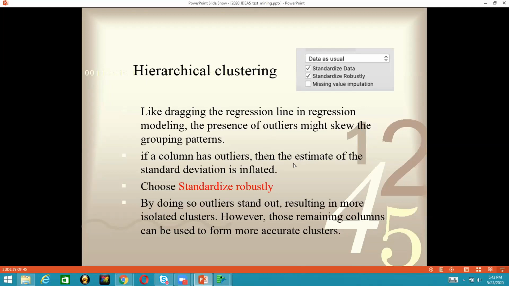When a column has an outlier, the estimate of the SD is inflated. That's why I use a robust method. By doing that, I did not erase outliers. Rather, I make them stand out. When they're outliers, they become isolated clusters, and all the remaining ones can form more accurate clusters.